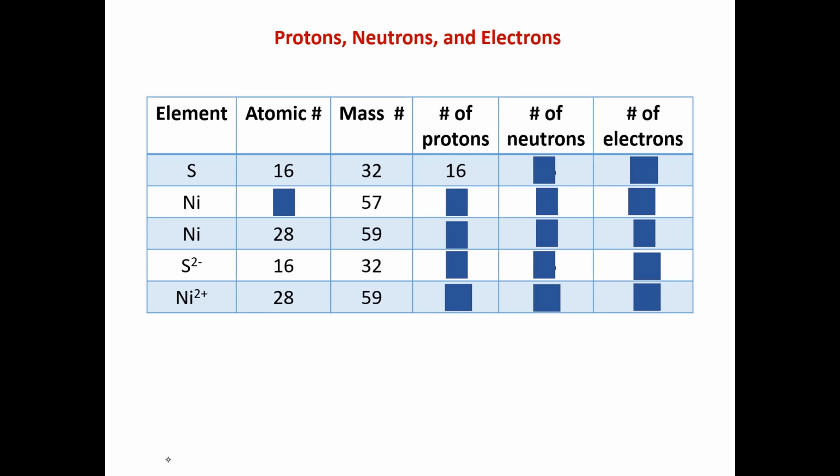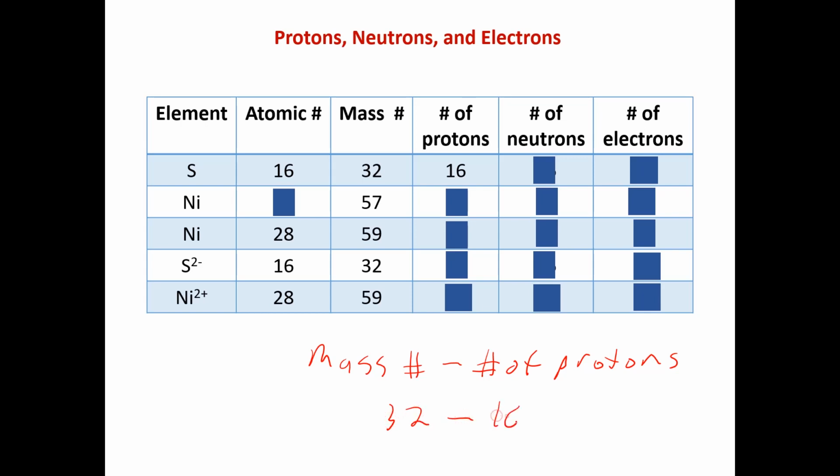Mass number is protons plus neutrons, so if we subtract the mass number minus the number of protons, we will get the number of neutrons. So our mass number is 32.